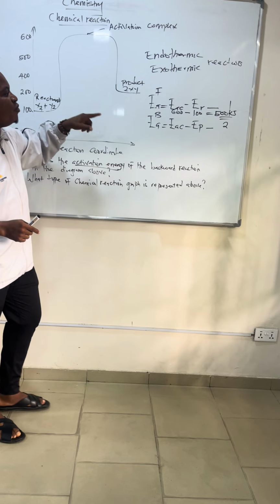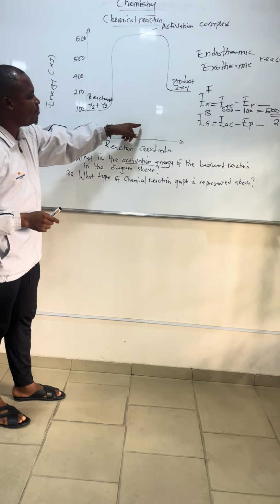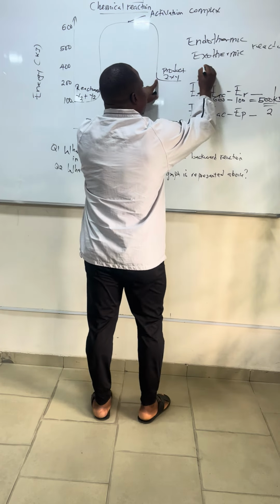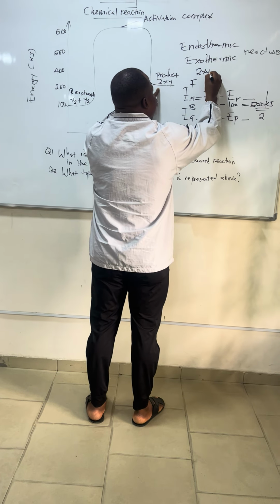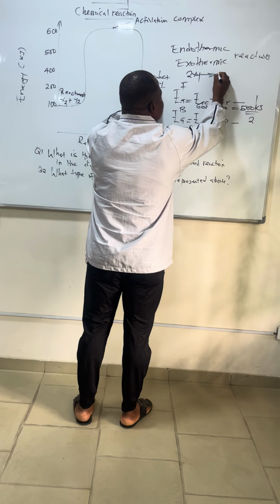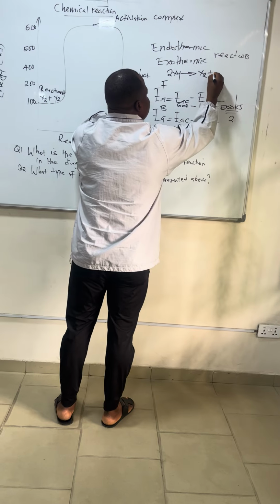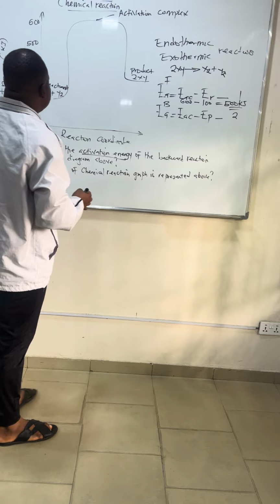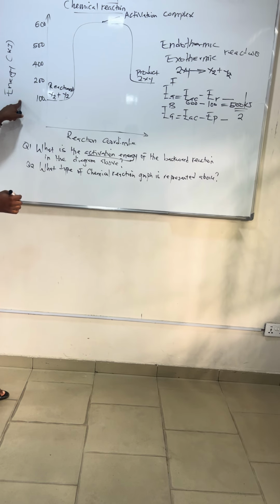But in this case, we are asked to calculate for the backward reaction. Now, for the backward reaction, we have 2XY, which still gives us X2 plus Y2.